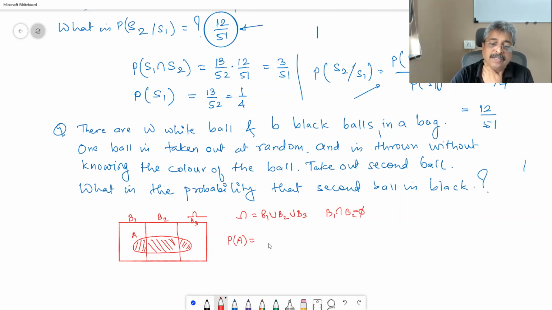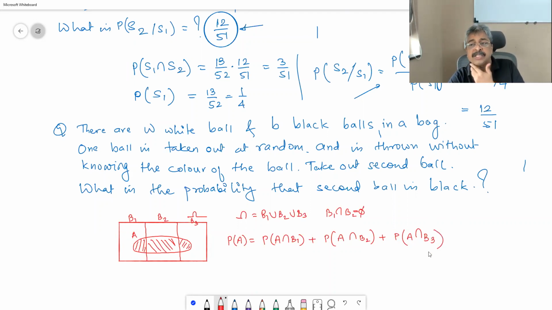So in set notation form, I can write probability of A intersection B1 plus probability of A intersection B2 plus probability of A intersection B3.